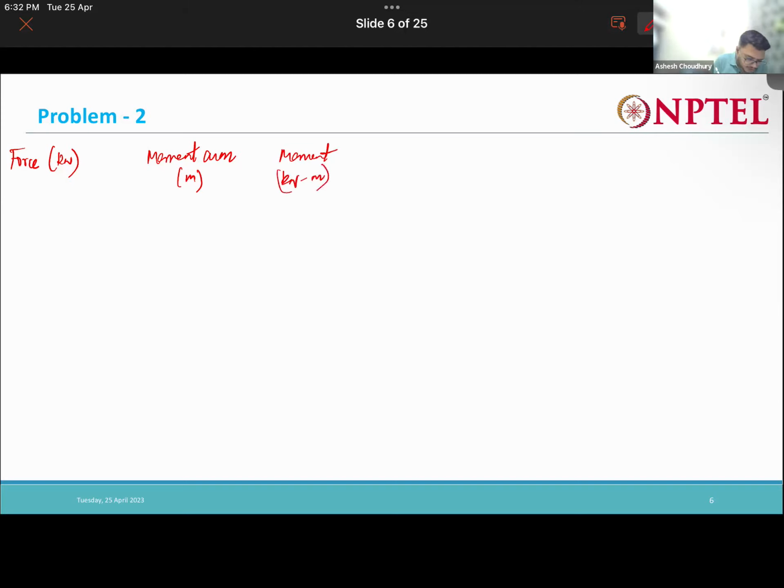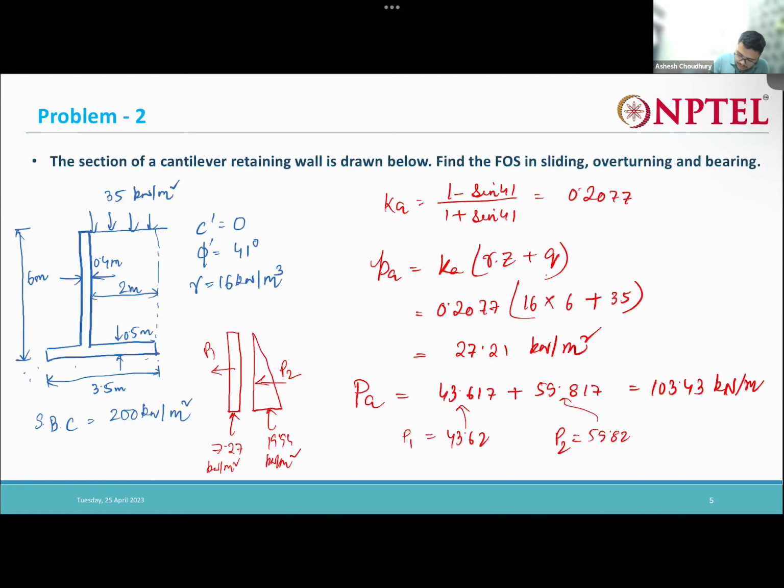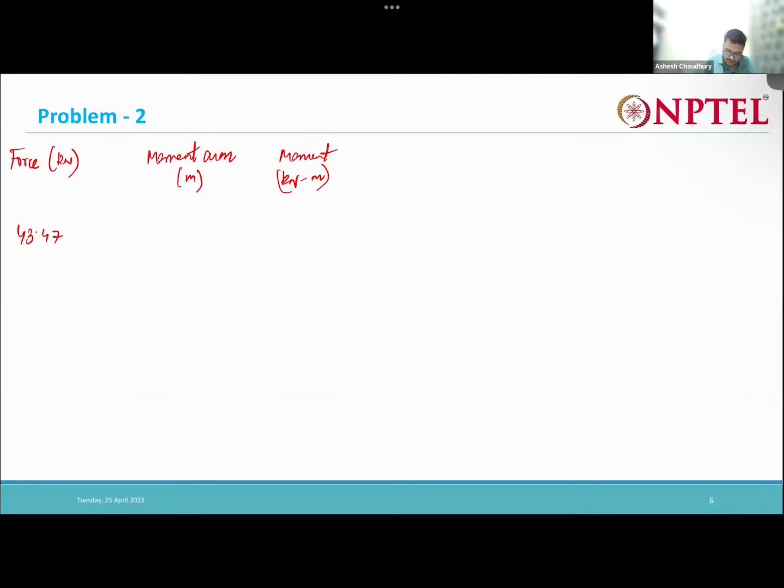P1 is 43.62. The moment arm is 3 meters, since it acts at 6 by 2, 3 meters from the bottom, so the moment is 130.4. The next one is 59.82. This is P2, with a moment arm of 6 by 3, 2 meters, correct?